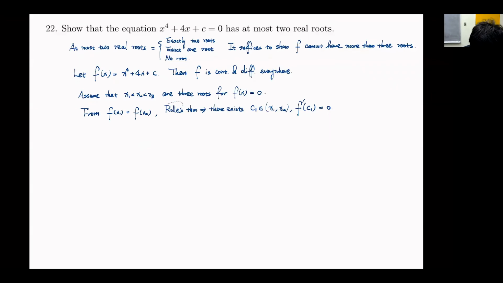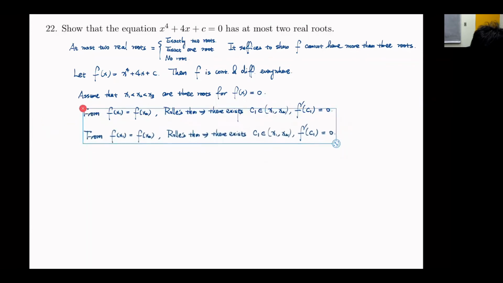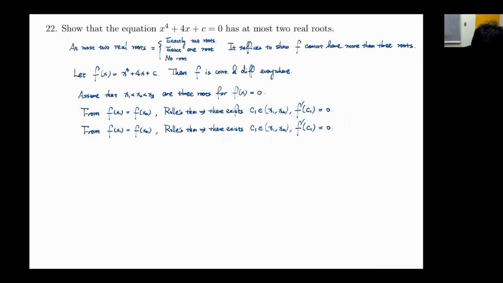Similarly, on the next interval, x2 to x3, let me just be lazy by copying everything over here. From the fact that f of x2 equals f of x3, Rolle's theorem will tell me that there exists a C2 sitting between x2 and x3, such that f prime of C2 equals 0.